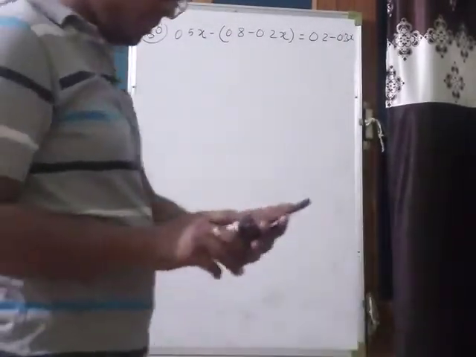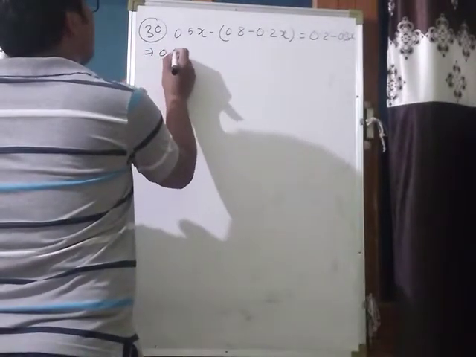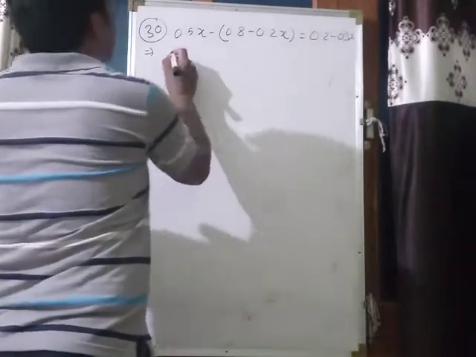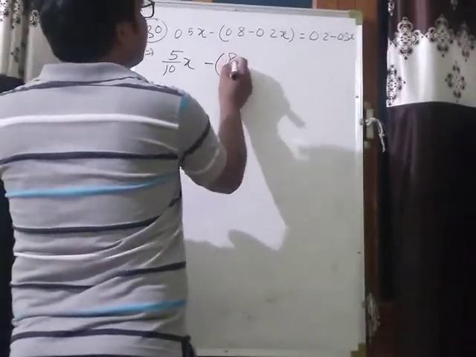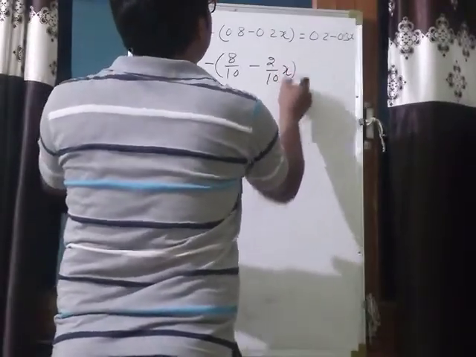Okay, so it will be 0.5x minus, see this 0.5x can be written as 5 by 10x, and minus this 0.8 can be written as 8 by 10, minus this is 2 by 10x.